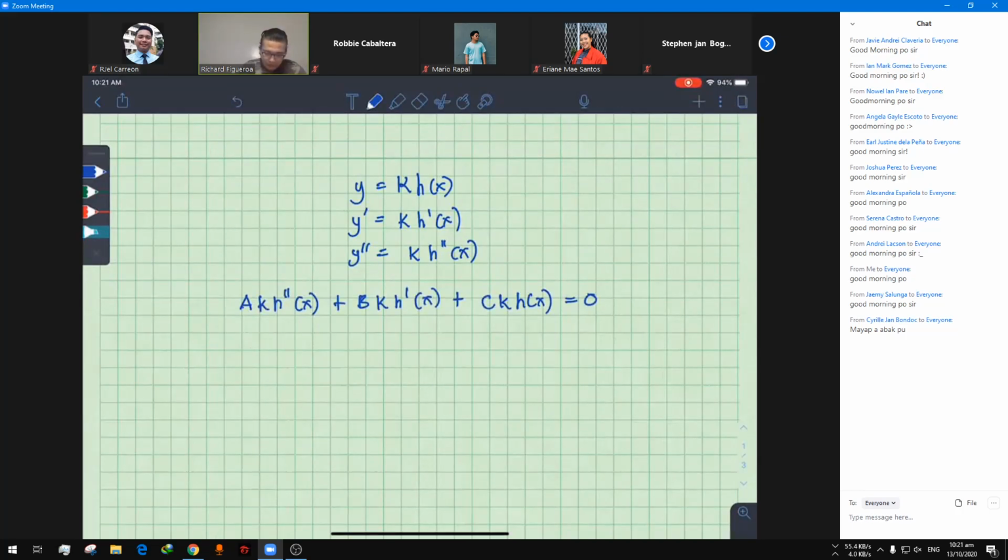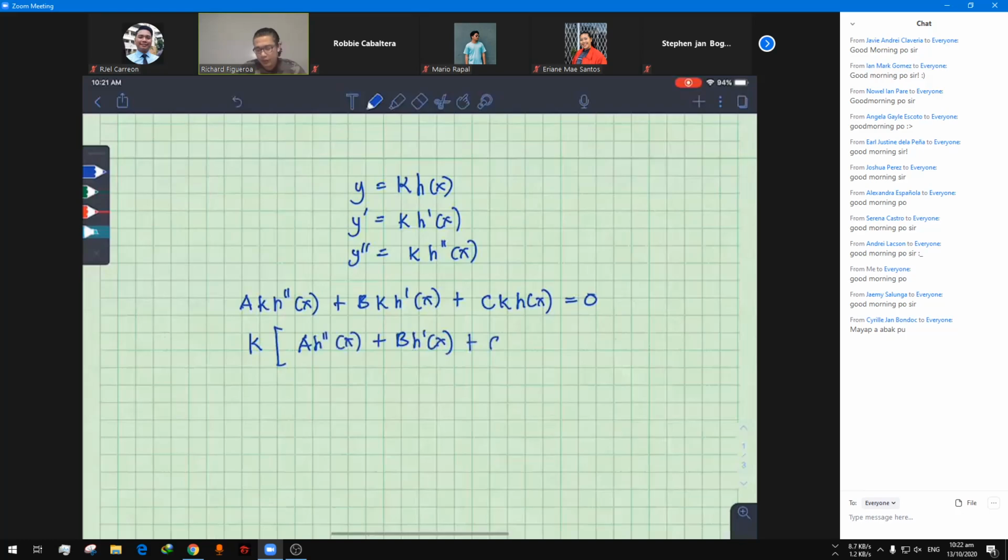Factoring out k, we get a h double prime of x plus b h prime of x plus c h of x, which is equal to 0. So k times 0 is 0, and 0 is equal to 0.